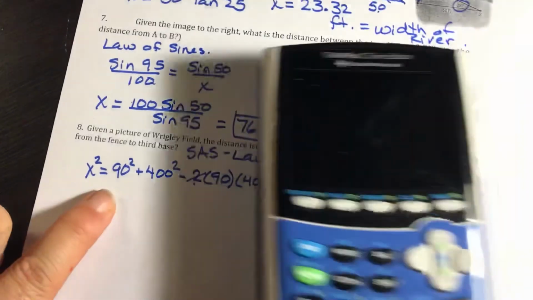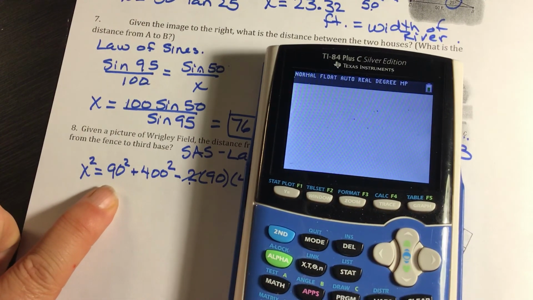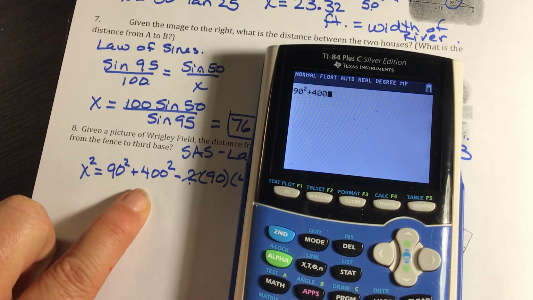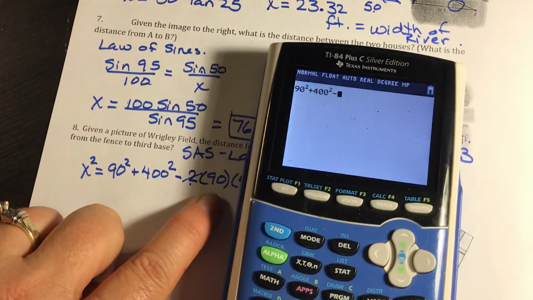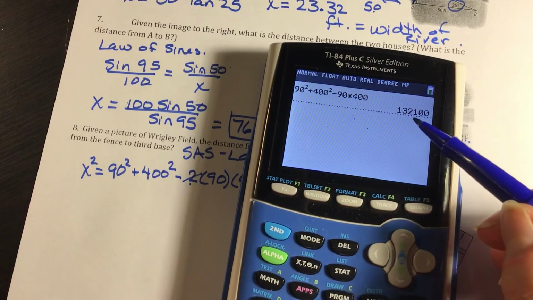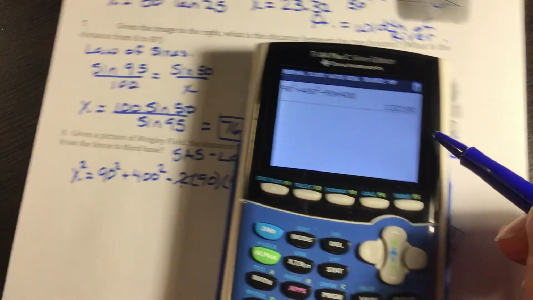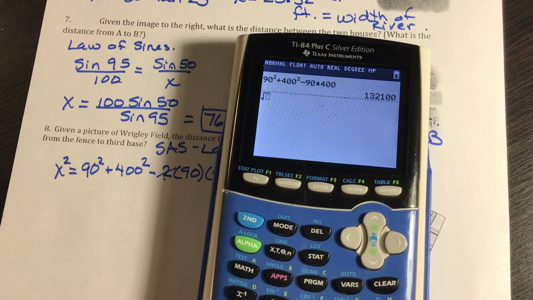So I'm going to do 90 squared plus 400 squared minus 90 times 400, and that's going to give me this x squared. And now to find x, I'm going to do square root of my answer, and I get 363.